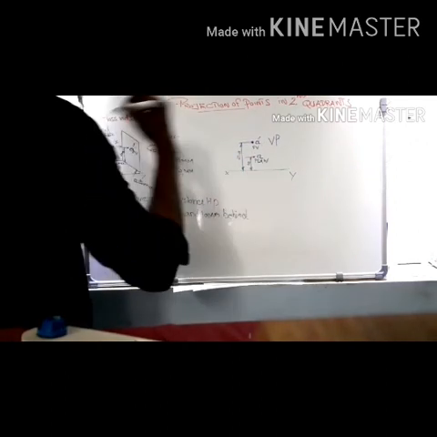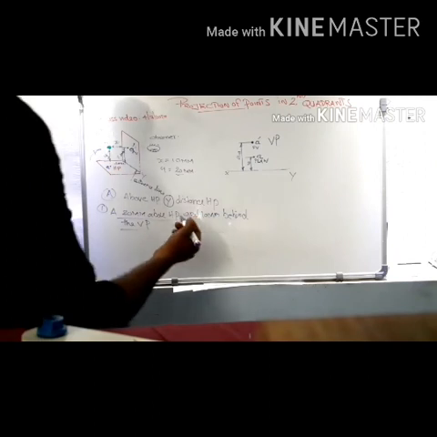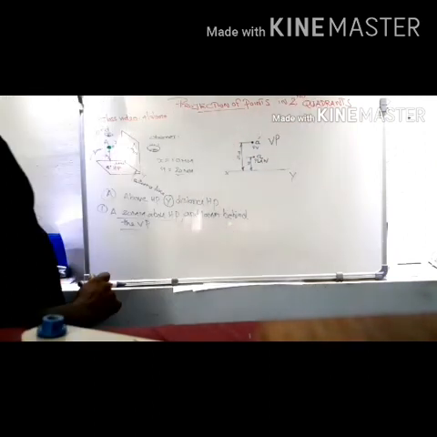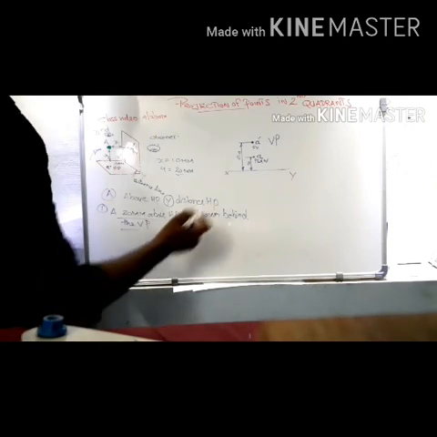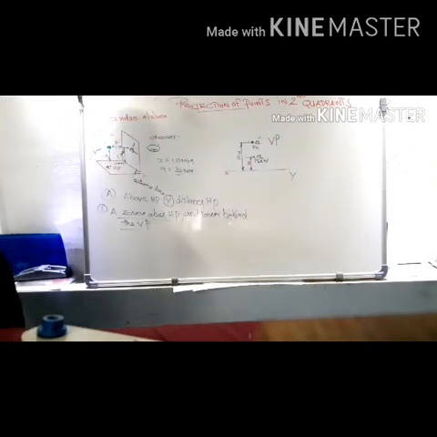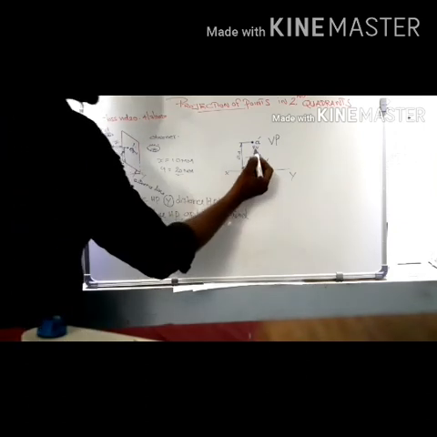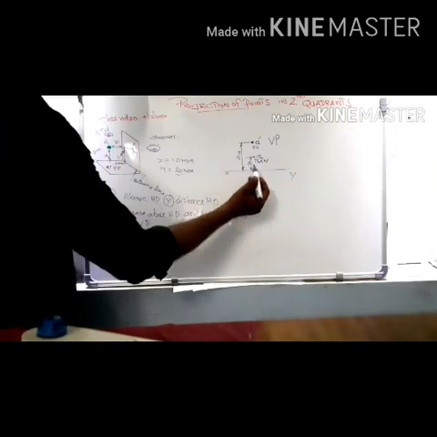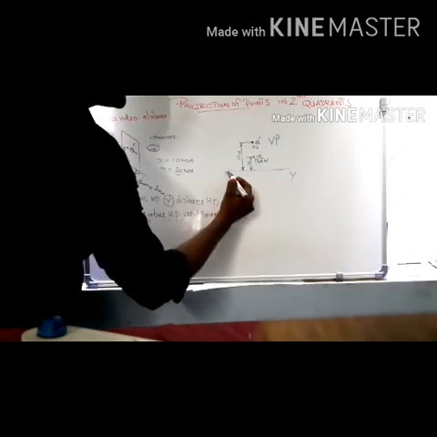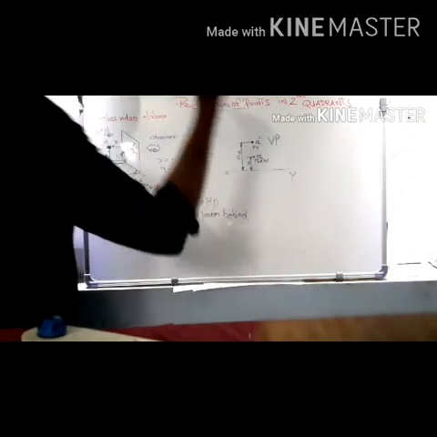Now this is our front view. This is our plan. See, in the case of second quadrant projection, both the front view and the plan come above the XY line.